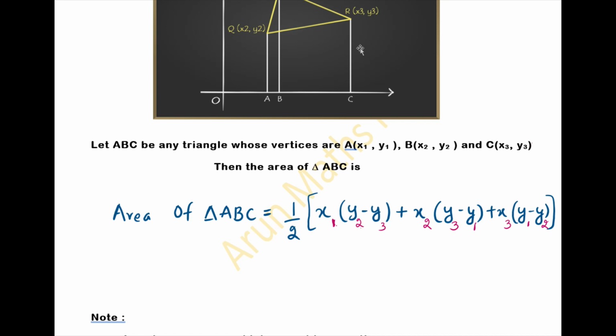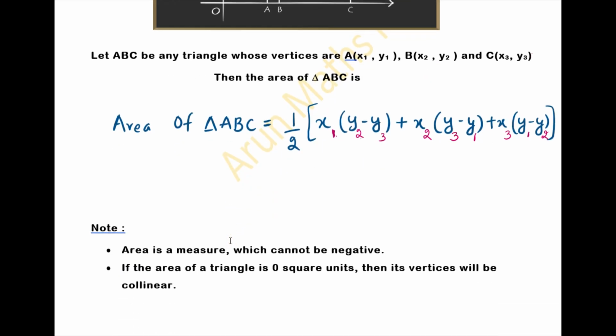Then write 1 2 3, and 2 3 1, then 3 1 2, that is x1 y2 minus y3 plus then 2 3 1, next 3 1 2. So very simple formula, a definite 3-mark question for your exam.